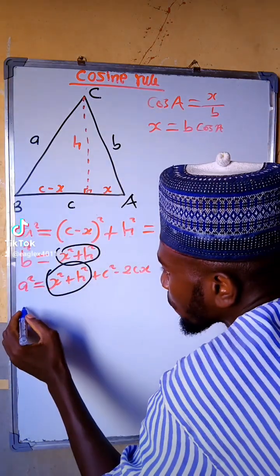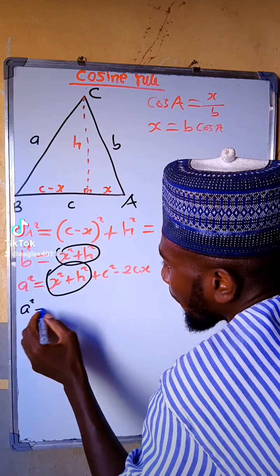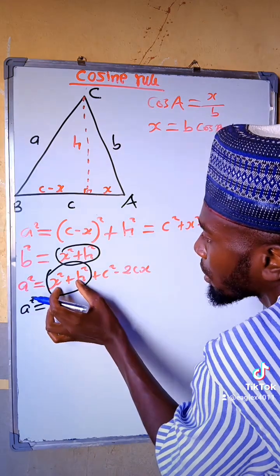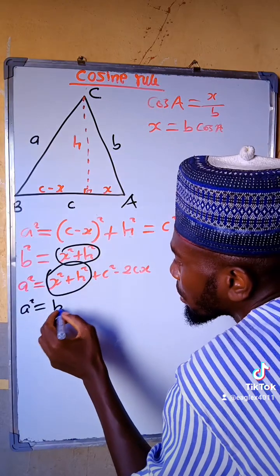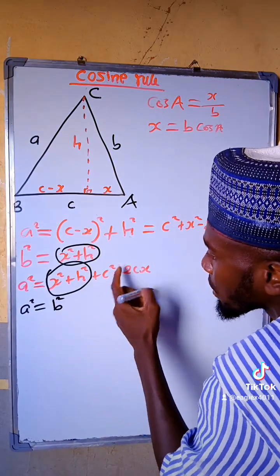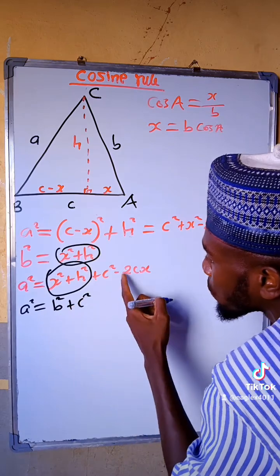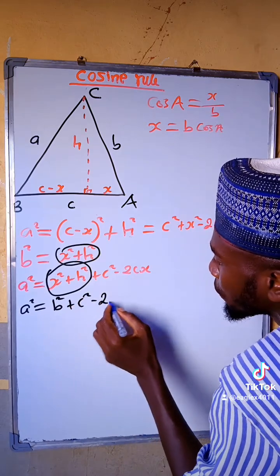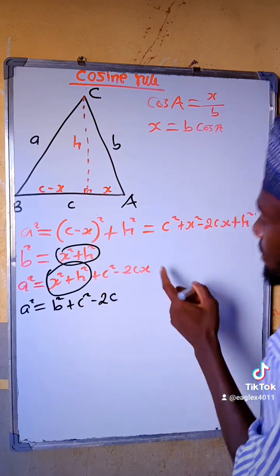Then I will write this equation as a square is equal to b square plus c square minus 2cx.